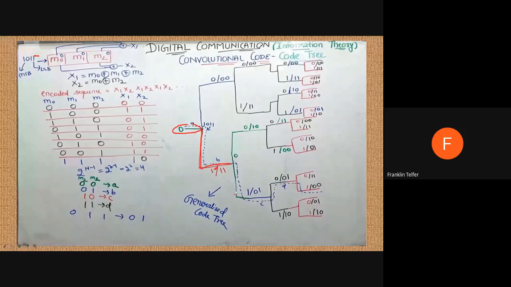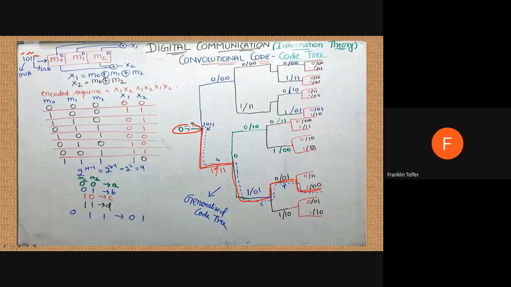Next you have to decide which is the incoming message bit. The next one is also 1, so you can choose this 1. Next, the input message is 0, so choose this part 0. The next message bit is 1, the last one, so choose the path 1. In such a way we are able to trace the path according to the message bit.